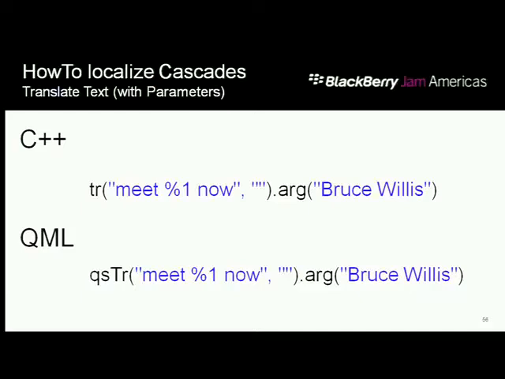And so it is really easy. Here you say, this is my first parameter, and I will fill this parameter with this argument. The comment is empty in this case, but you have to put this comment here. In QML, it's similar, same syntax.